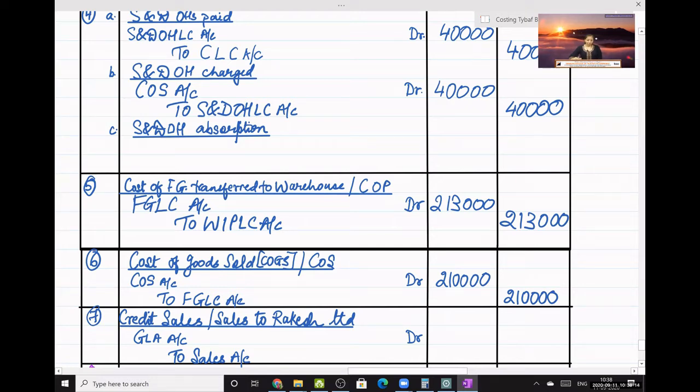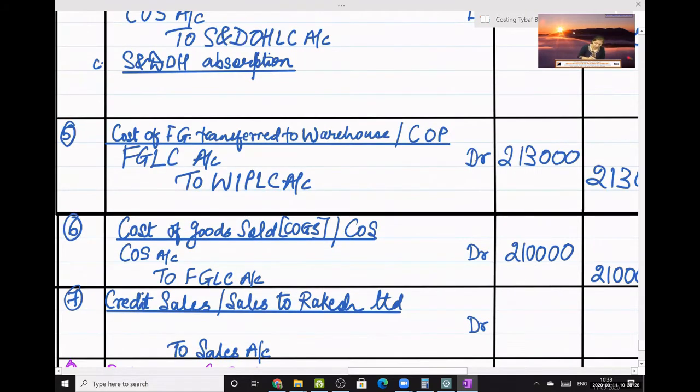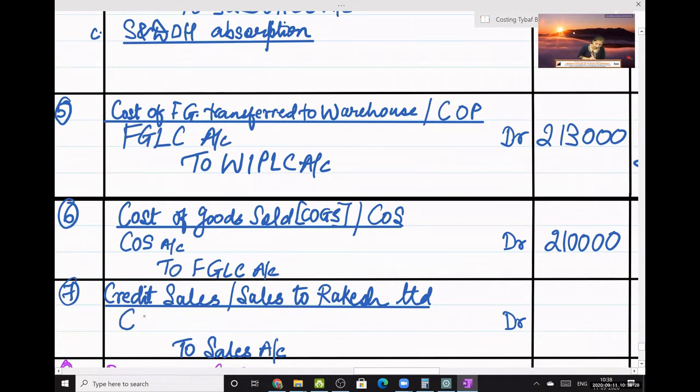ओके, सो आइदर यू राइट क्रेडिट सेल और यू कैन गिव द हेडिंग सेल्स टू राकेश लिमिटेड. एक ही बात है. ठीक है. सो वी विल नॉट यूज द वर्ड जीएलए क्योंकि क्वेश्चन में जीएलए वर्ड ही नहीं यूज हुआ है, सीएलसी वर्ड यूज हुआ है. ओके, सीएलसी अकाउंट to sales.